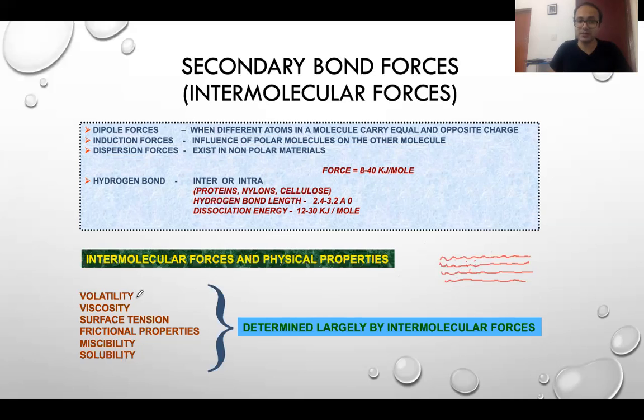Some of them are viscosity, surface tension, volatility, friction, miscibility, solubility. All these properties come as a result of the intermolecular forces, which are basically the interaction between the various polymer chains, and that gives each polymer its specific properties. All this is dependent upon these secondary forces.